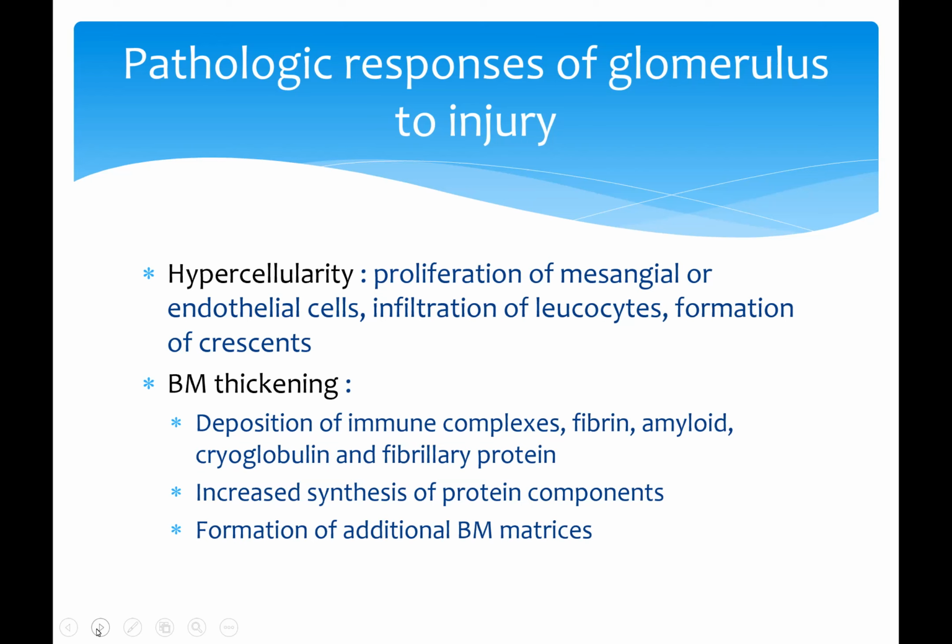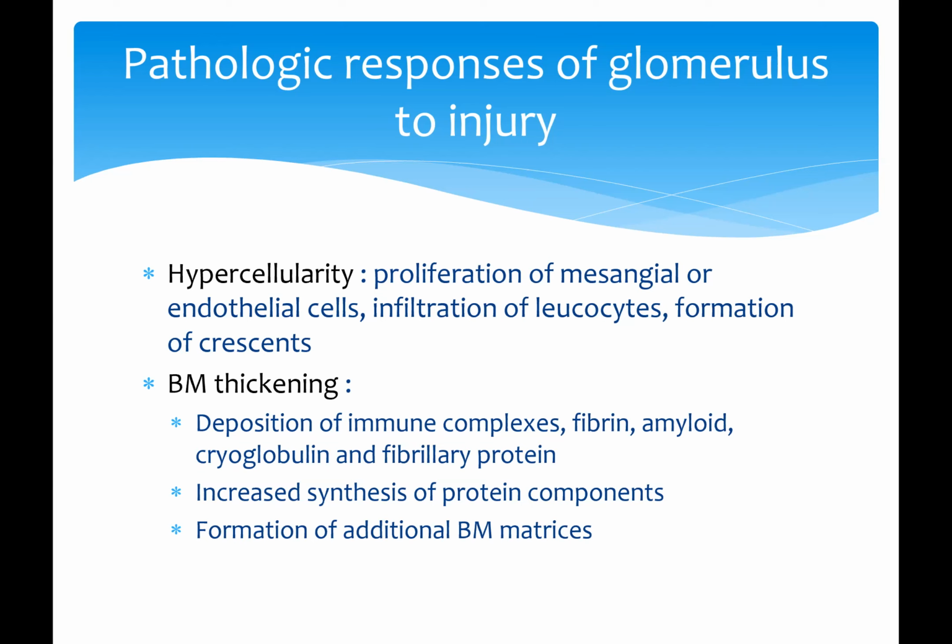So, if you will recall the illustration that I was trying to explain a while ago, the hypercellularity can then result from proliferation of mesangial cells, endothelial cells, and even epithelial cells. When it is epithelial cells, it may lead to formation of crescents. Crescents are expected to be formed when you have proliferation of epithelial cells.